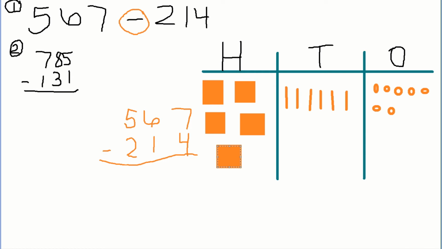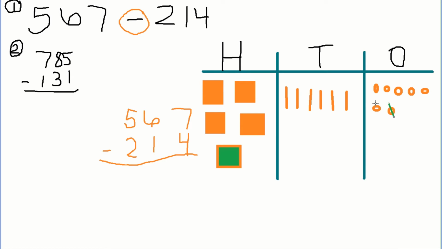And now we need to start taking some stuff away. Let's see what it's asking us to take away, right? So for our ones, it's asking us to take away how many? 4. Let's do a different color so we can get a better view of what's happening, right?